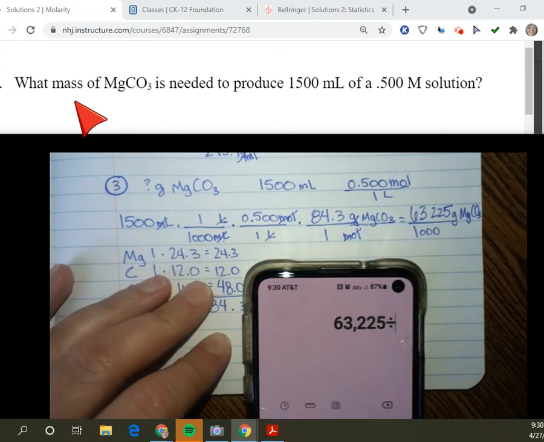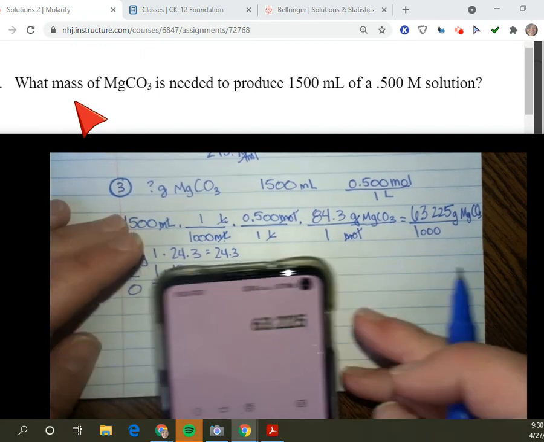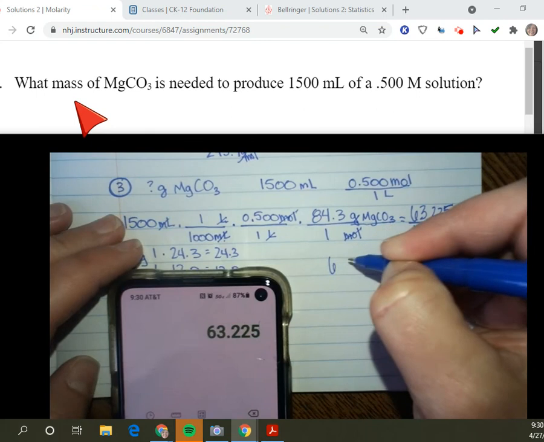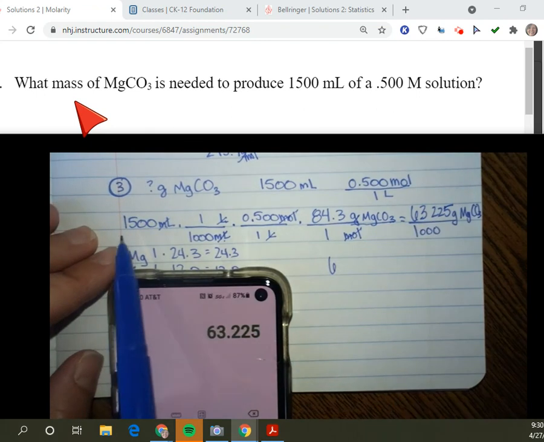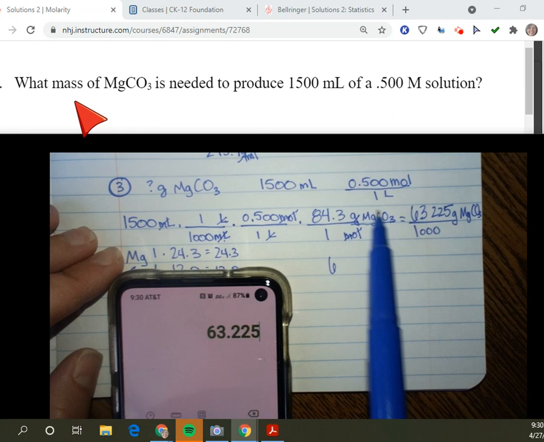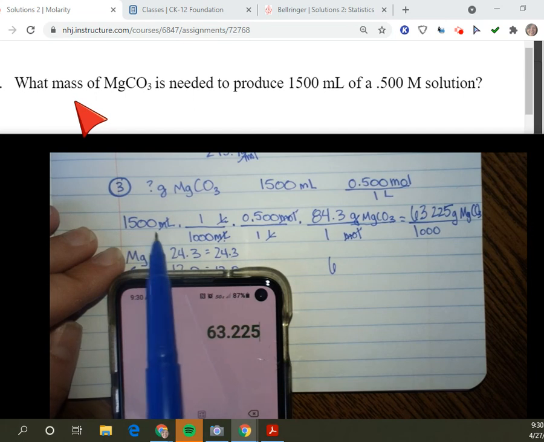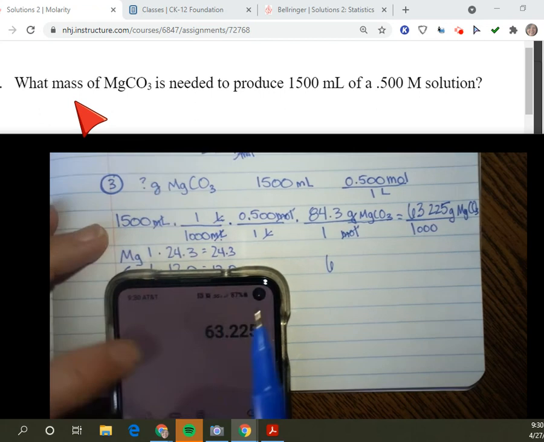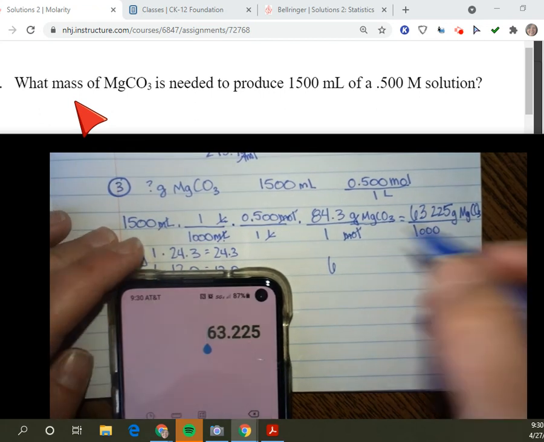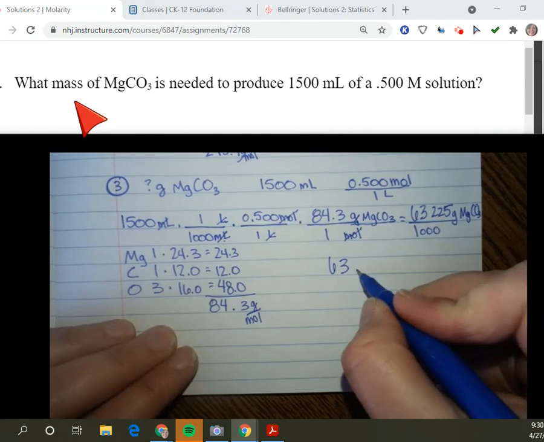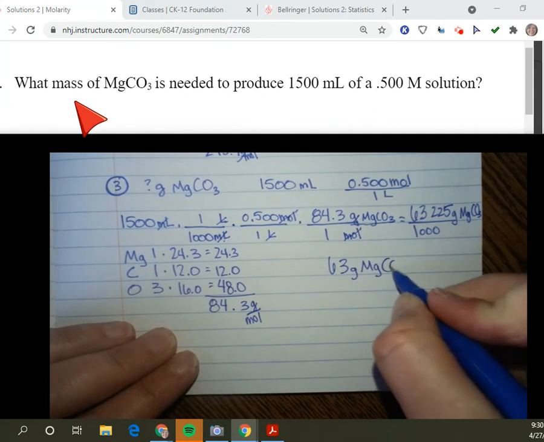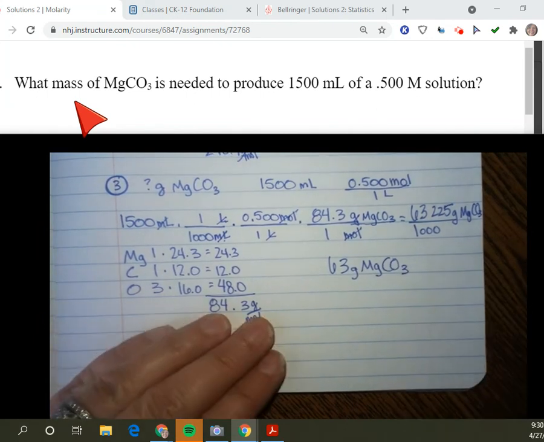You can probably do that in your head, but we're going to do it on the calculator just to be sure. 63.225. Now, notice we had 2 significant digits and we had 3 significant digits. We should really stick with the smallest number of significant digits because we're multiplying and dividing here. So that would be 63. The 2 tells the 3 to stay the same. So 63 grams magnesium carbonate.